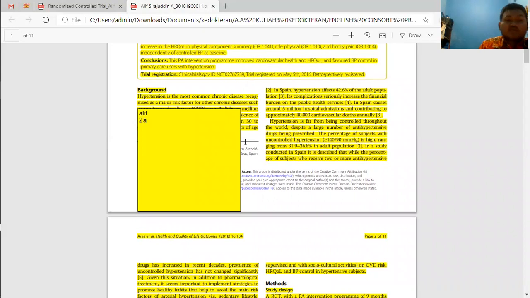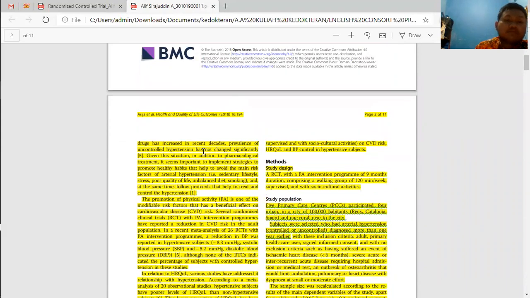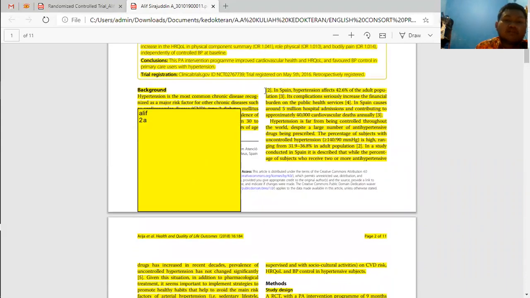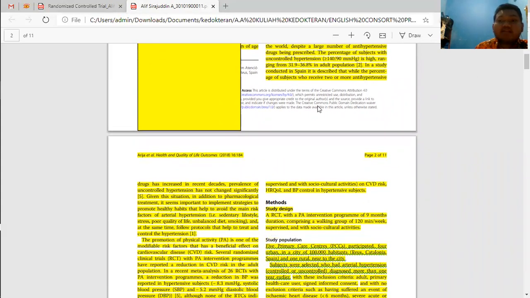Okay, next one is the background and objective, so it's the topic of the introduction. It includes 2A in an early paragraph, right? It's about the scientific background and explanation of rationale.